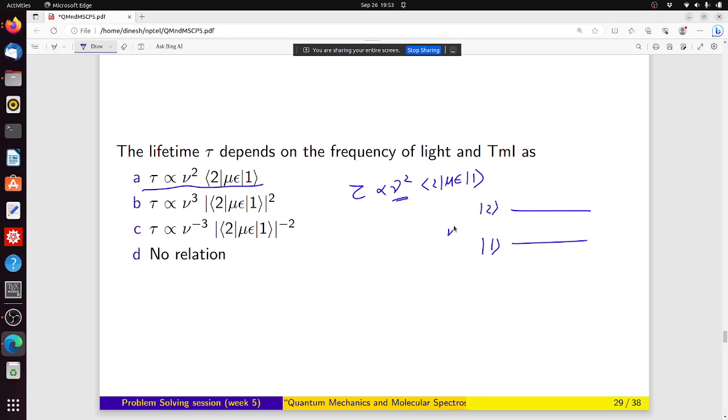If I increase the frequency of light, then lifetime, sorry, it should be inversely proportional. Yes, correct. There is one option which is inversely proportional. You can check it, it is being taught in week 5. So this tau is inversely proportional to nu cubed, and this is inversely proportional to this transition moment integral. Right. So this is the right answer. Okay, good.